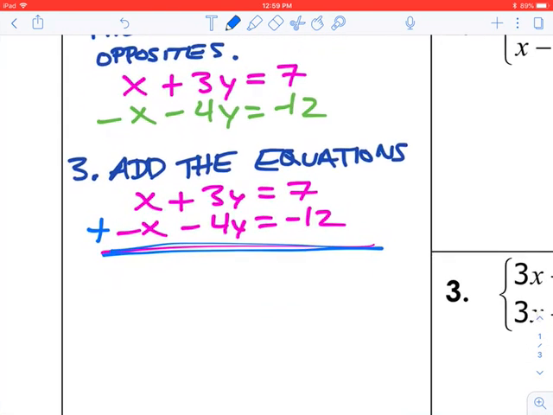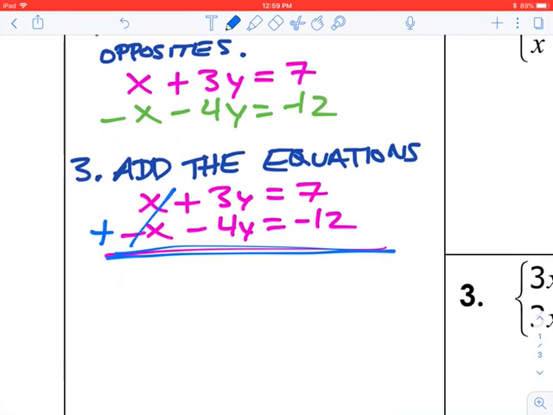So when that happens, these cancel. 3y minus 4y is negative 1y. And then 7 plus negative 12 is negative 5.